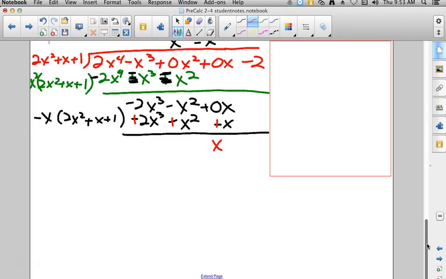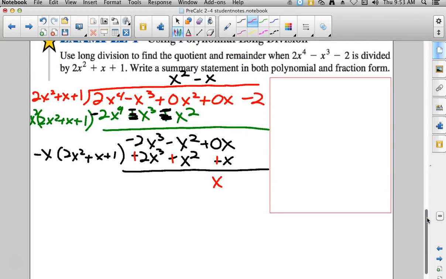What would we normally do? This is what they were talking about with the powers.